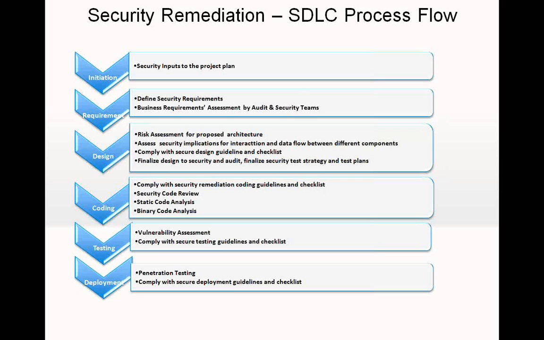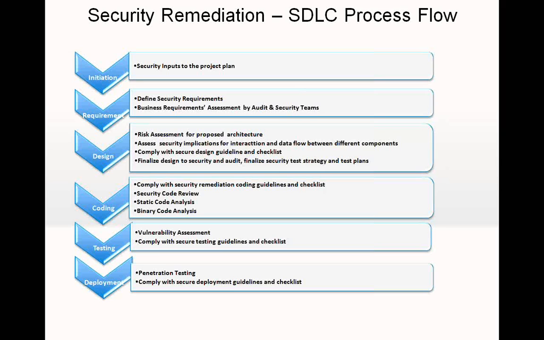Once the requirements have been defined, we go to the next phase. Then we see what the typical architecture is and what the risks for that architecture are. And then we go ahead with defining the security implementations for the interactions and data flows between different components. We need to look at the security design guidelines and the checklist, what is actually defined at the program level.